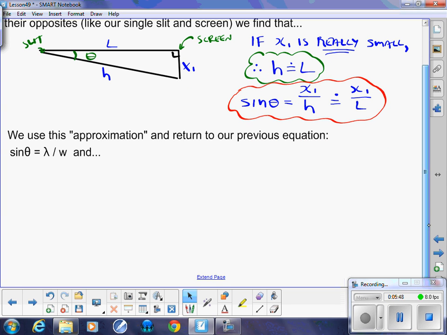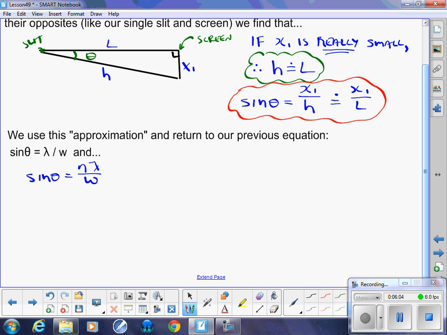So what does that help us with? Well, we use this approximation and look at our previous equation. I'm going to take the destructive interference example. So we have sine theta is equal to n lambda over the width.